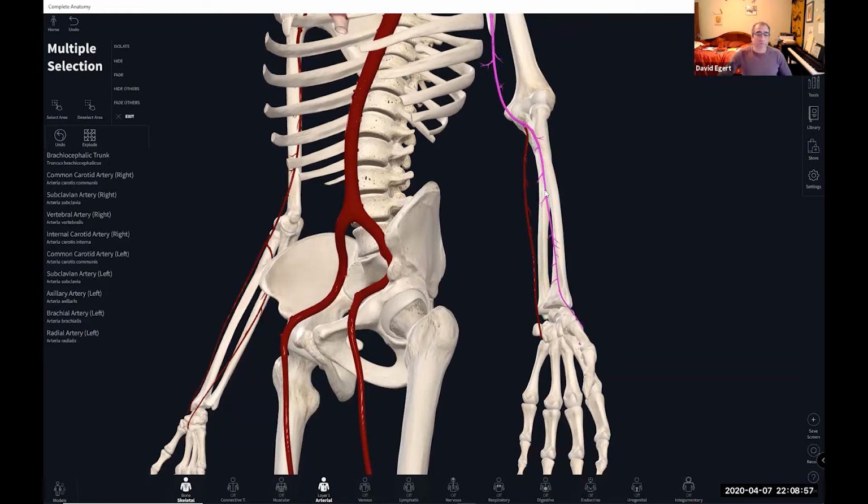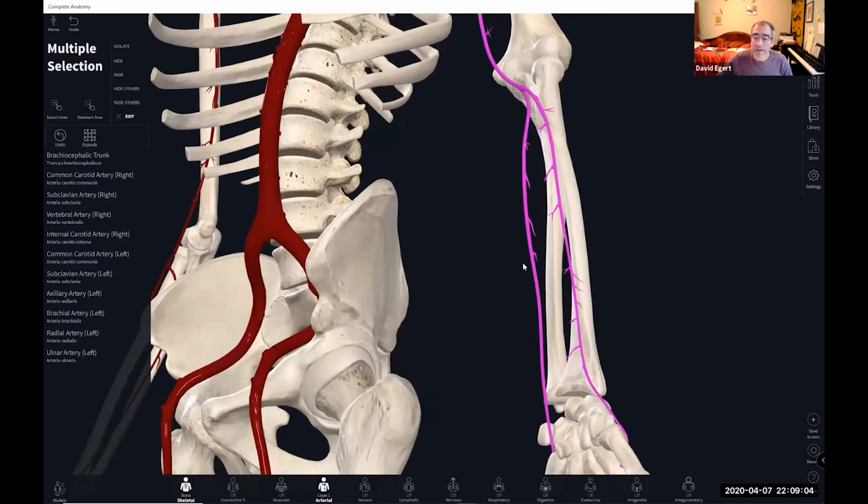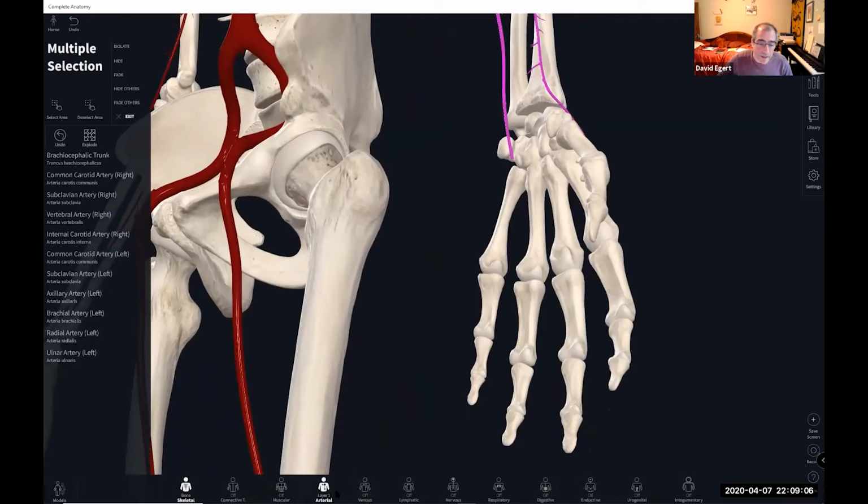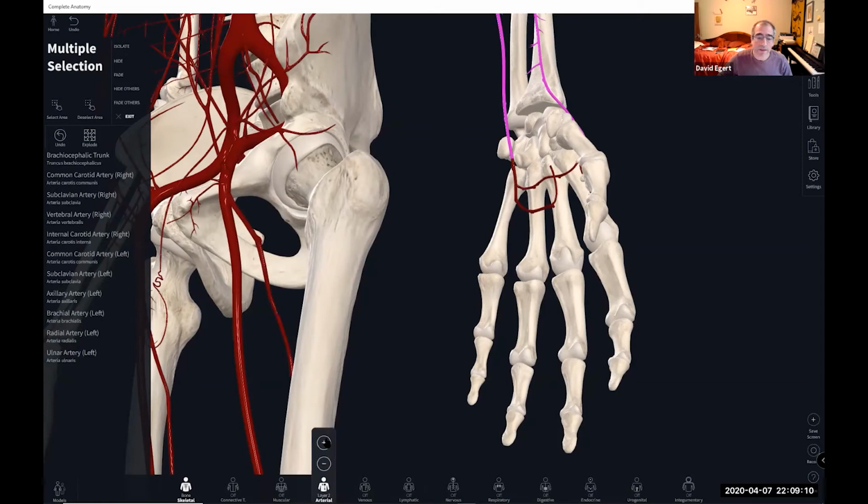We have the radial artery going to the thumb, the ulnar artery going to the pinky. I think I need to add in another layer of arteries. So now we've got our little palmar arch, which is going across, connecting them up.